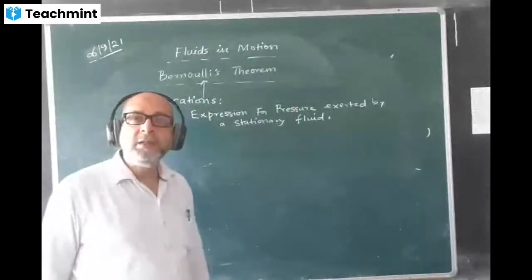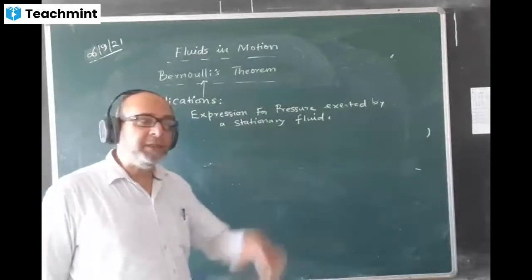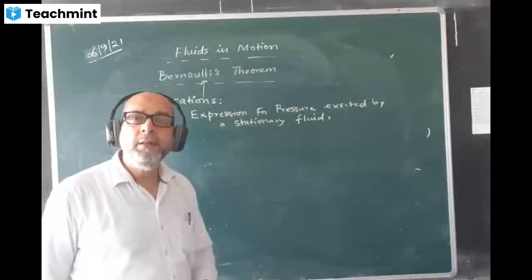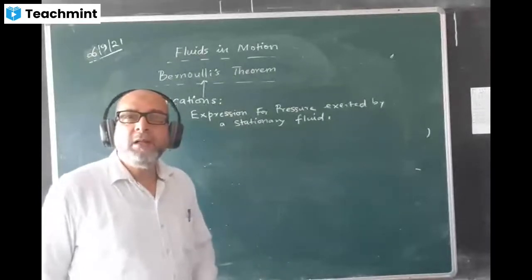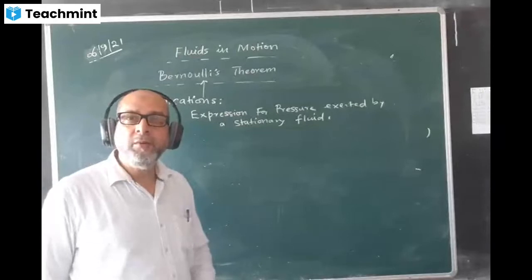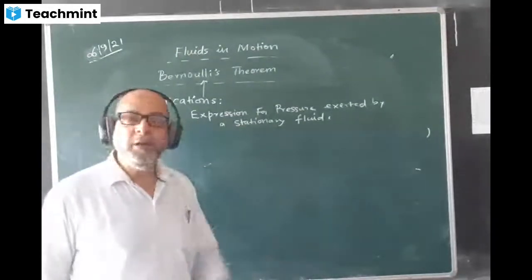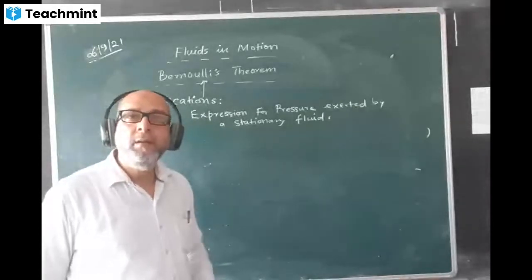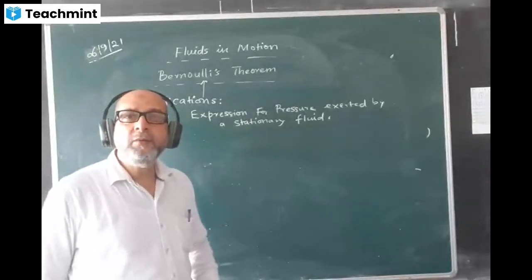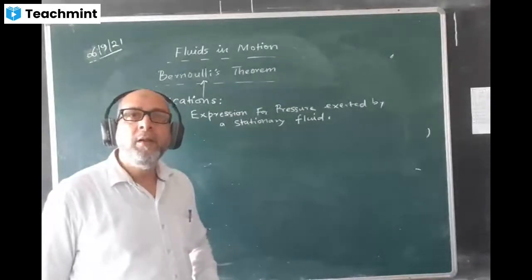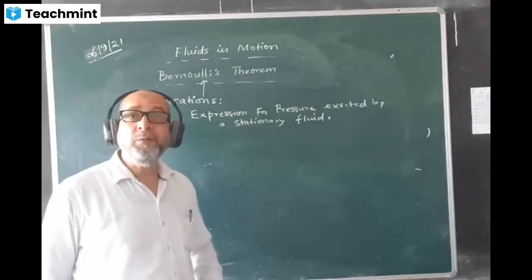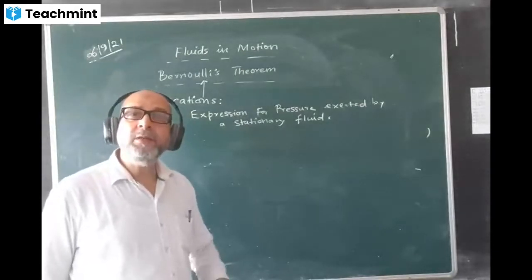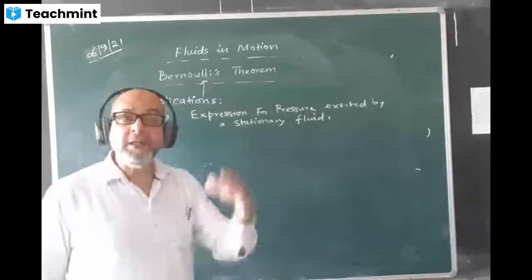I think in lower classes you had learned the formula of pressure exerted by a liquid. In class 9, I had taught the formula of pressure exerted by a fluid or a liquid. What is the formula? Do you remember? Not force upon area, I'm talking about liquid, pressure exerted by liquid.